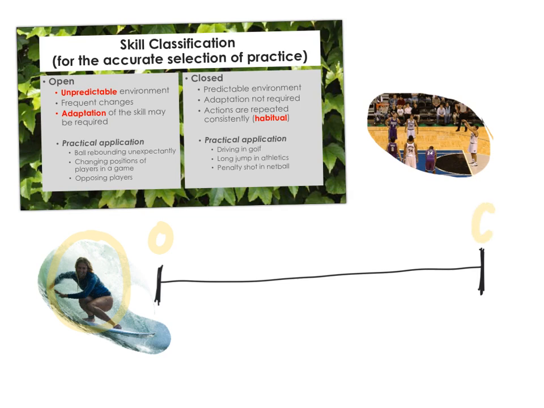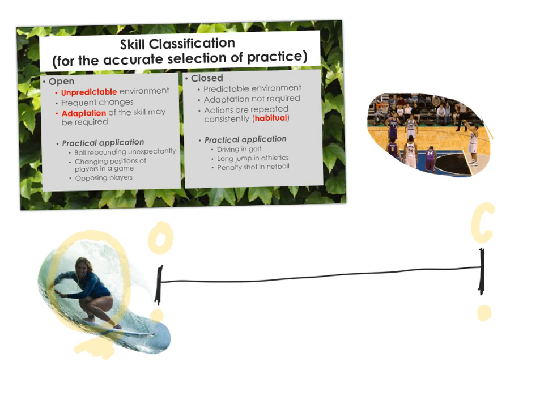So this is an unpredictable environment. This is adaptation of the skill that's required. This is a predictable environment and a repetition of exactly the same movements. Now, to stay on the surfboard, this lady will need to continuously adjust her position. She doesn't know where the waves are going, where they're coming from, how big they are, how fast they're moving. So there are frequent changes.